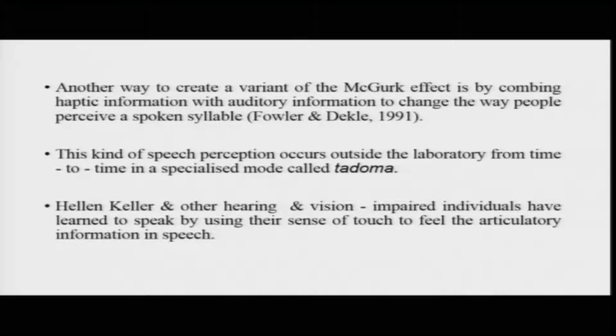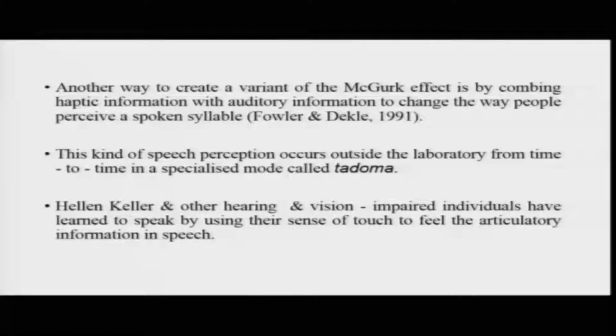Another way that the McGurk effect can happen is by combining haptic perception with auditory information. So I said in the beginning, vision and touch. You can also get clues to what is being said through the tactile modality, the touch modality. This is used basically with people who are not able to see perfectly.